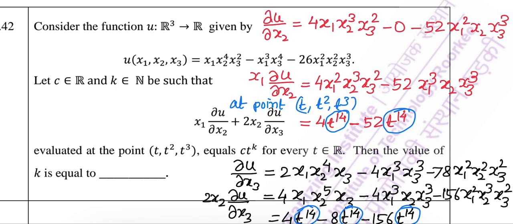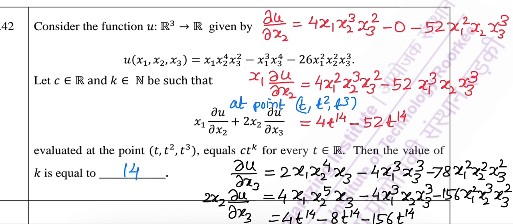We are not interested in the constant, because we have to answer k. It means we have to tell about the power, and at all the places I have shown you the power is 14, so the answer will be 14.